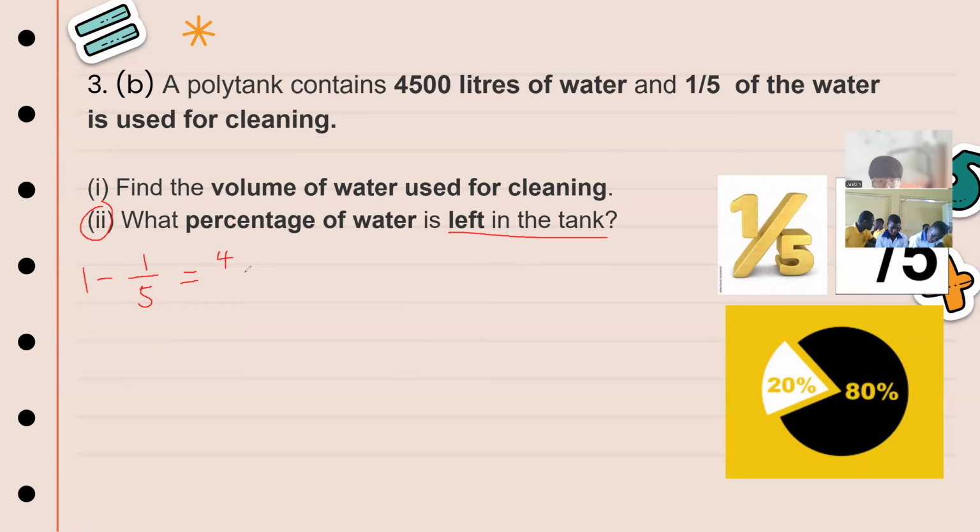Yeah, it's going to be 4/5, right? Because 1 minus 1/5 is the same as saying 5/5 minus 1/5, which is equal to 4/5. So 4/5 is left in the water tank.